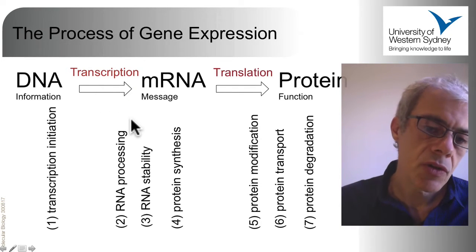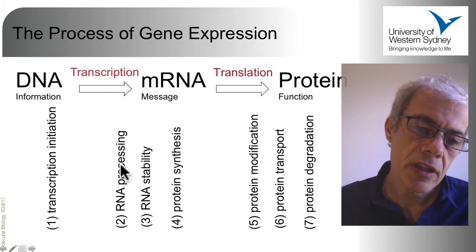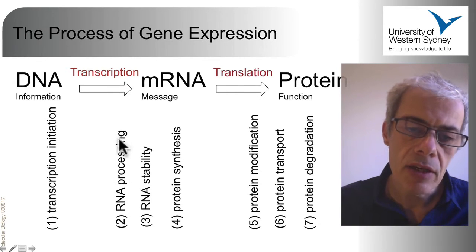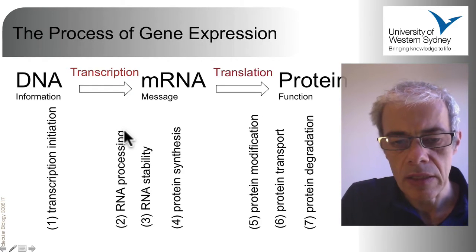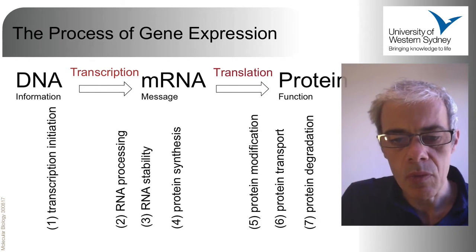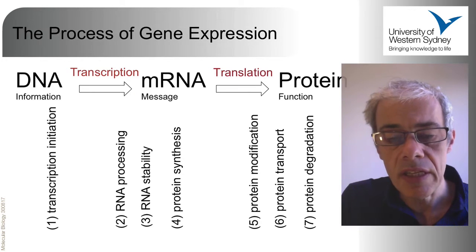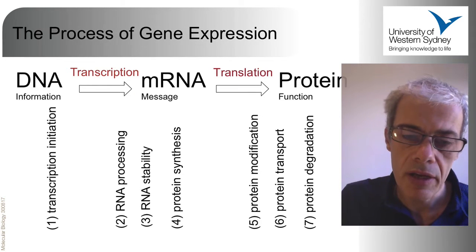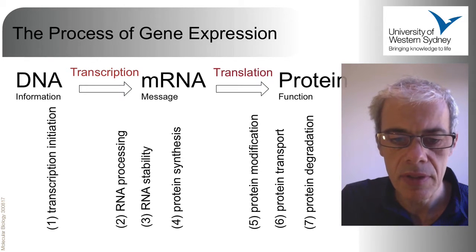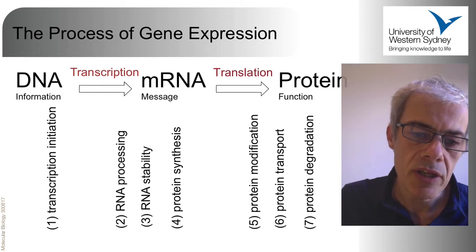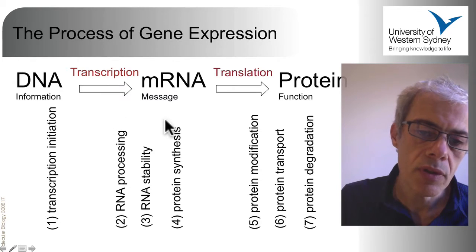Following this process, there are also opportunities at the stage of RNA processing to regulate expression. Typically there are introns that need to be removed in higher eukaryotes, and there are 5' caps and 3' tails, and various processing of the messenger RNA that's important.